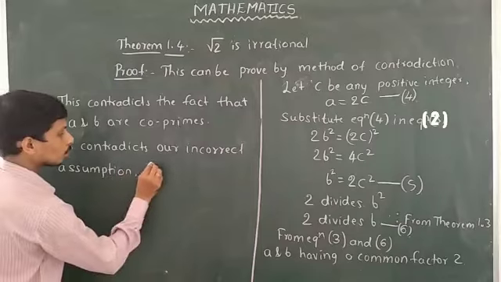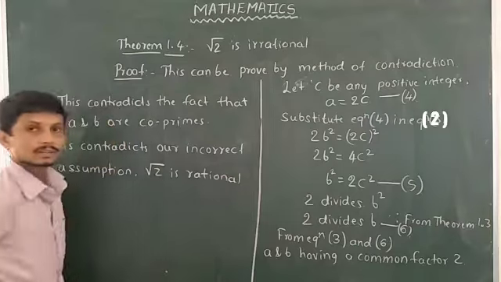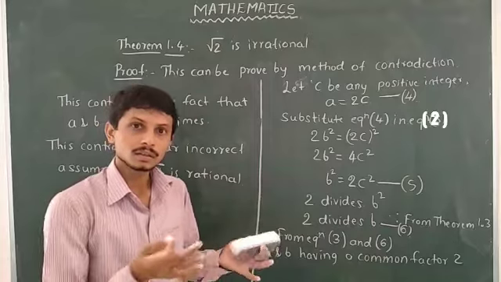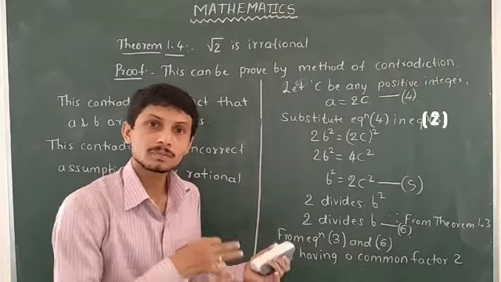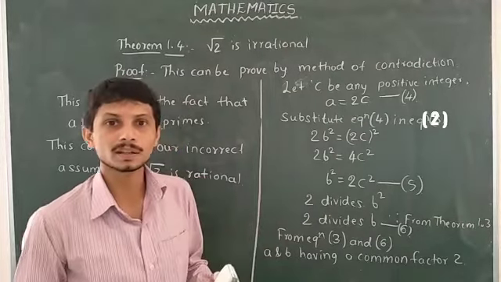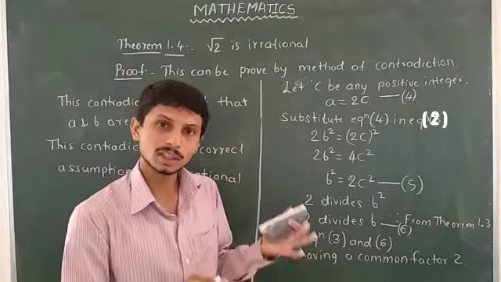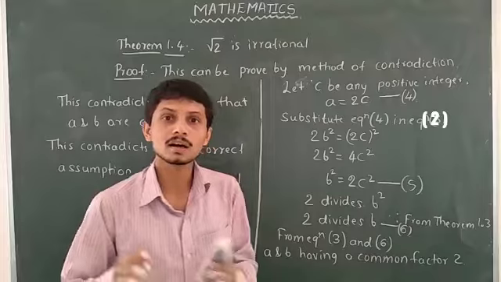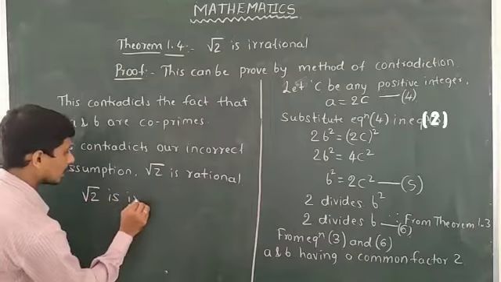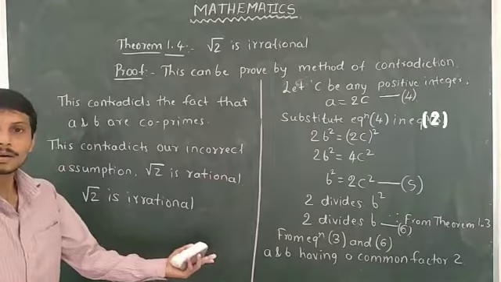If root 2 doesn't belong to the rational numbers, then it must belong to the irrational numbers, because the real number system has only two parts: the rational numbers and the irrational numbers. If a number doesn't belong to the rational numbers, it must belong to the irrational numbers. That means root 2 is irrational. So hence the proof.